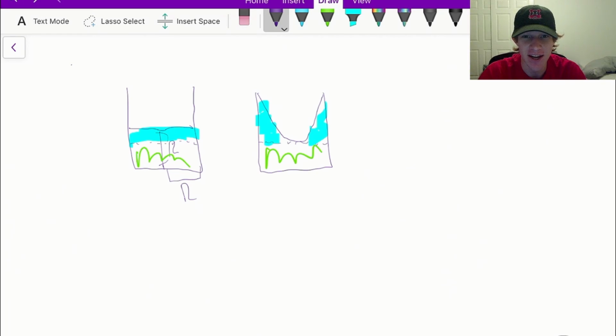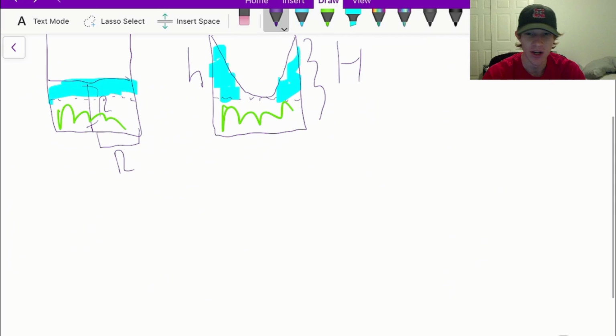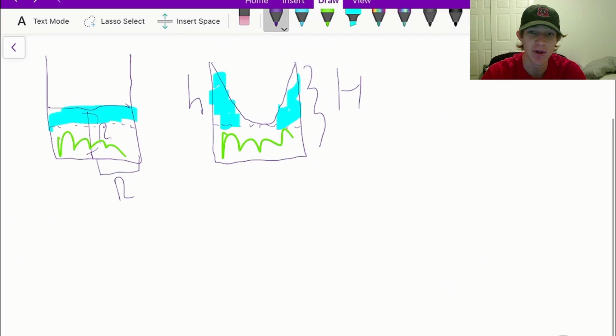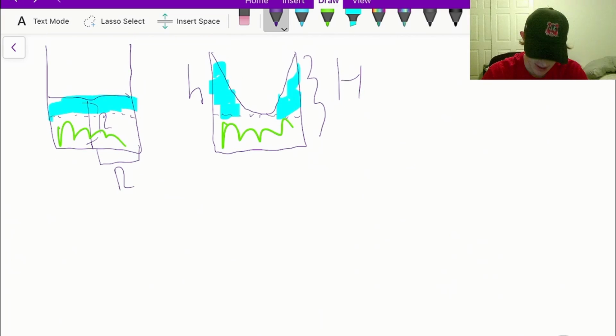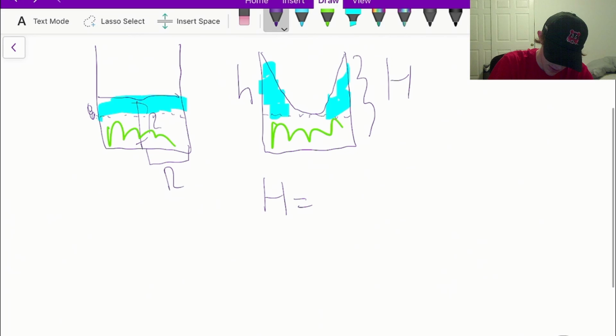The height of the cup will be known as big H, and the height from this dip point to the top of the cup will be known as little h. So to find the total height of this cup, we will need to take R minus, I'm going to call that D, the difference from the dip.